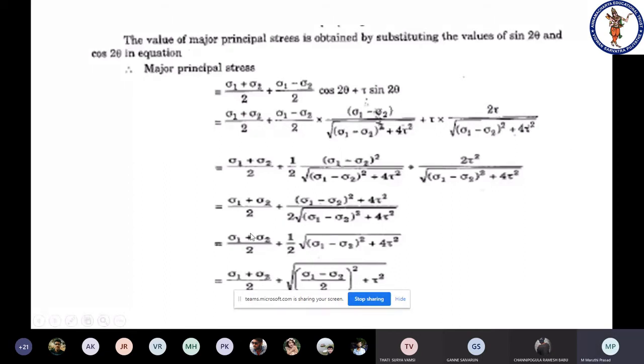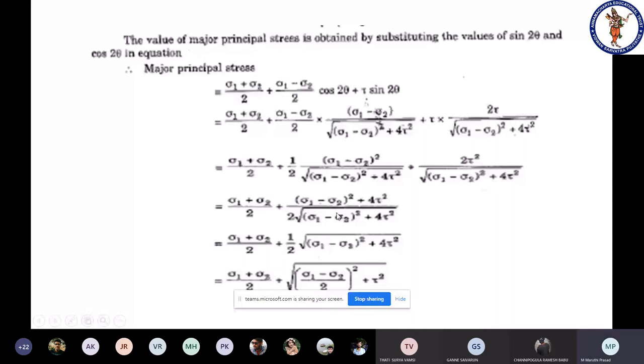Now here it is sigma 1 plus sigma 2 by 2 plus half into root of sigma 1 minus sigma 2 whole square plus 4 tau square by this is 2 into root of. So here in the numerator and denominator we have same values. If you consider sigma 1 minus sigma 2 whole square plus 4 tau square as x, it is x square, and this is x.